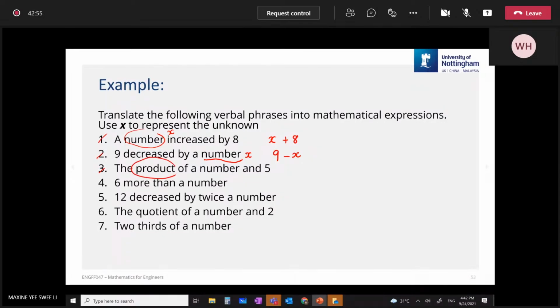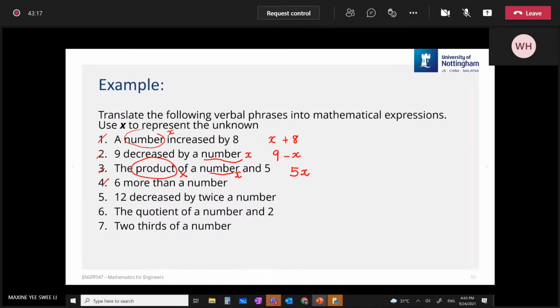When you see the term product, straight away you think of multiply. This one will be your x and 5, so 5x. This is the product of 5 and the number x.